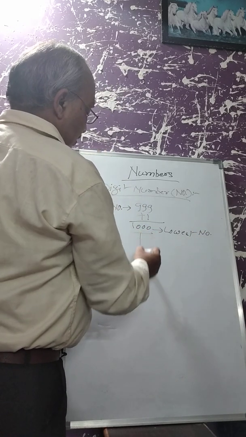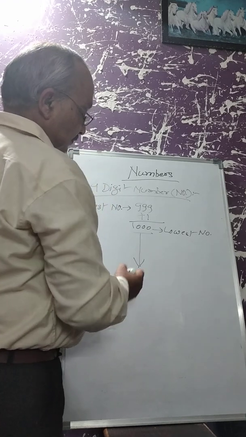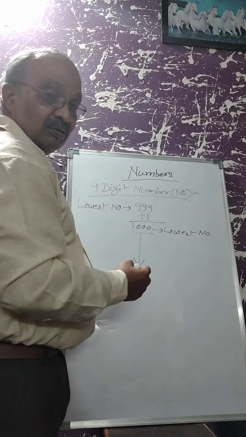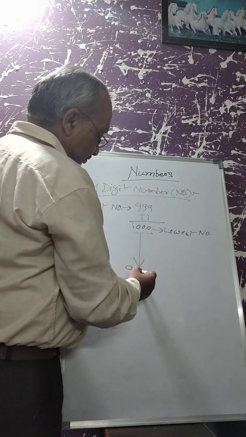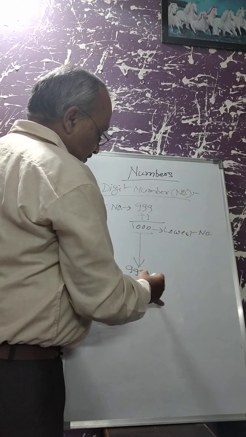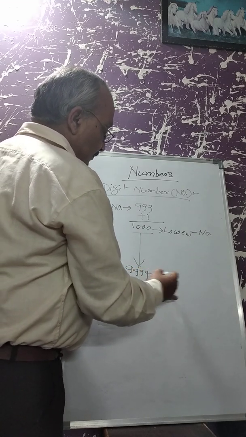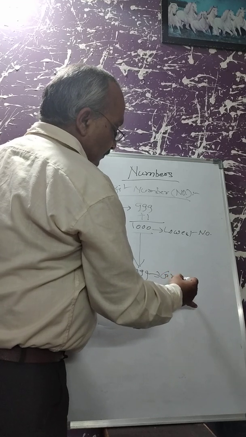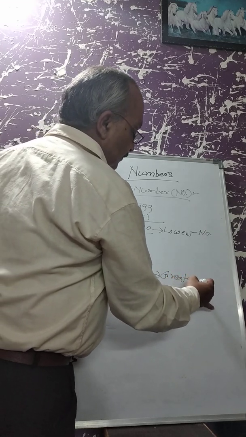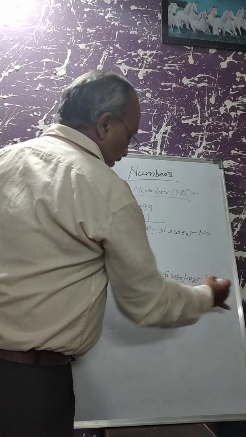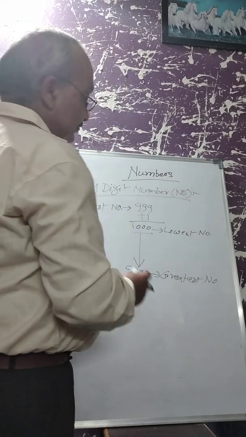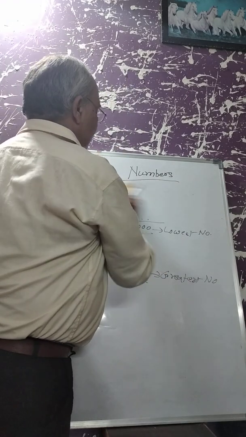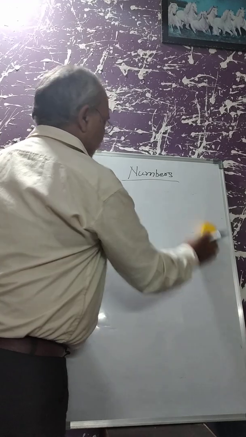And what will be the highest or greatest number of 4 digit? That is 4 times 9, 9,999. Okay.